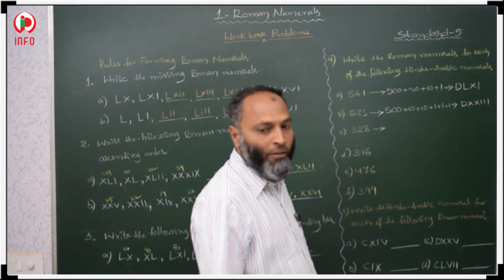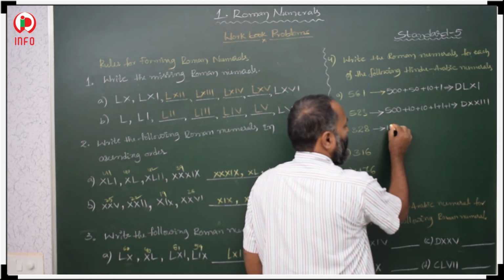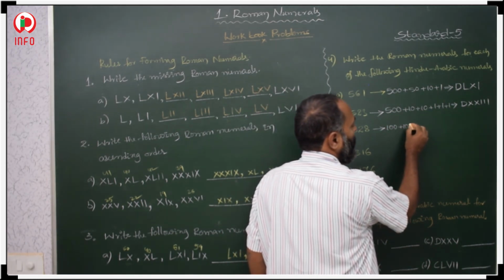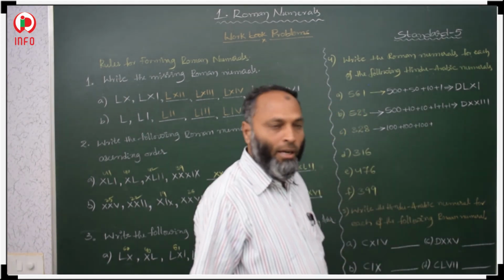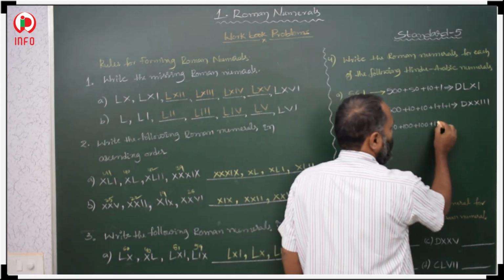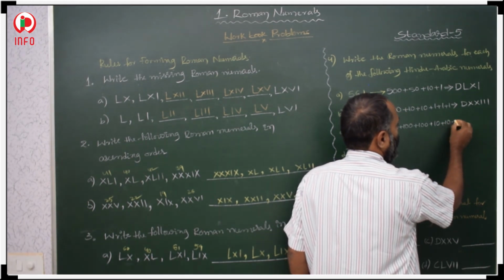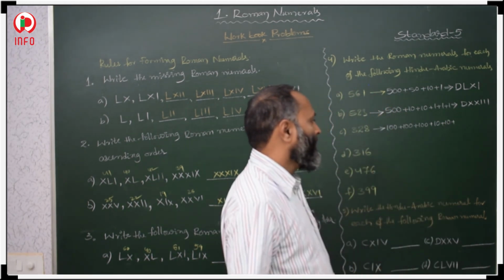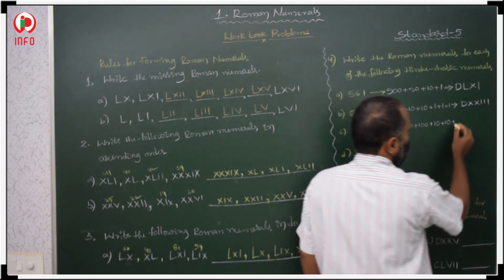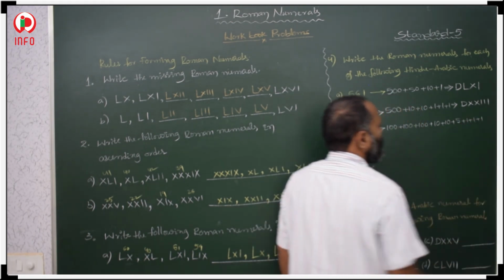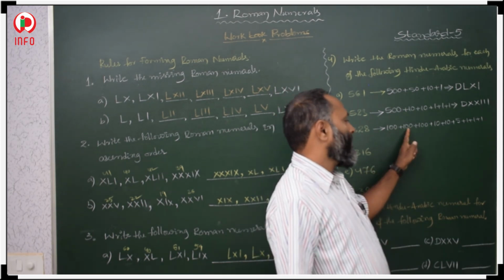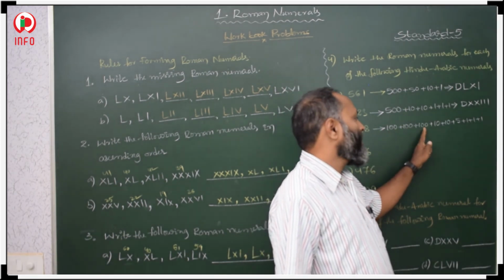328. 328 means 100 plus 100, 200, 200 plus 100, 300. And 20 means 10 plus 10, 20. And 8 we know how to write: 8 means 5 plus 1 plus 1 plus 1.